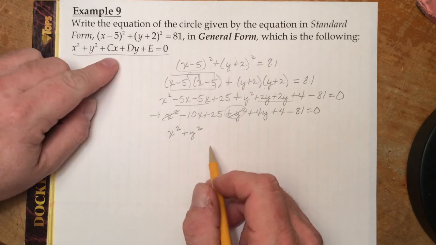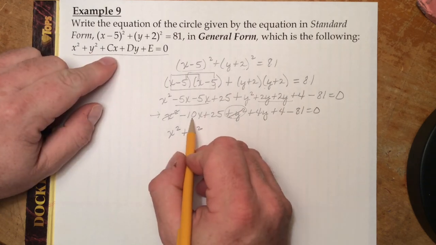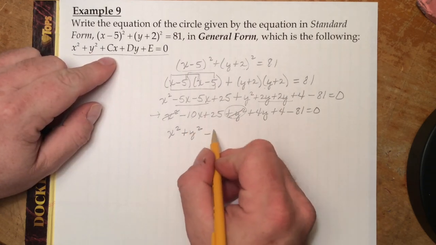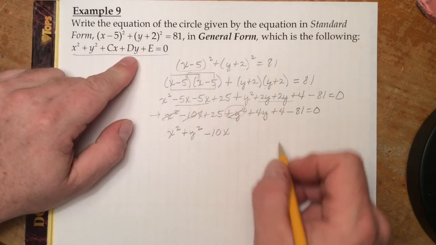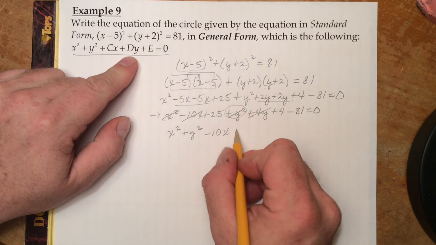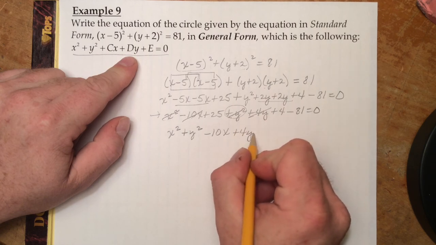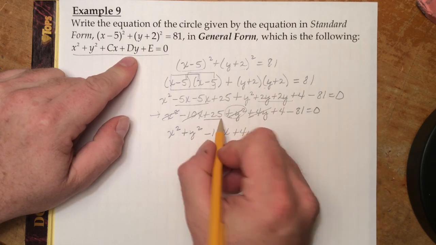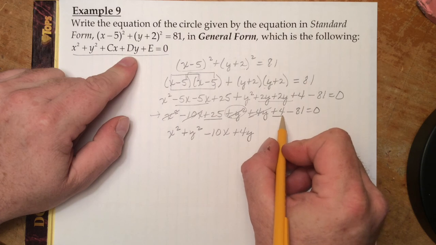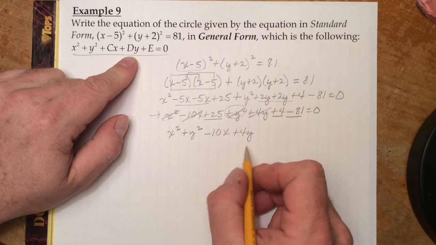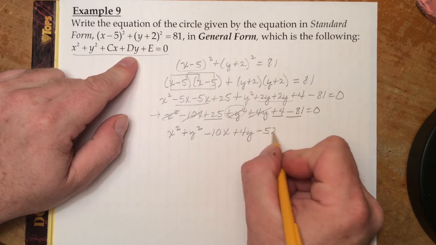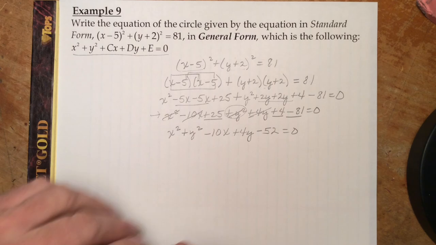Then I go to my x term, cx, which is minus 10x. There's no other x's. Then my y term, dy, so that's plus 4y. Now I have left plus 25 plus 4, which is plus 29 minus 81, would be minus 52 equals 0.